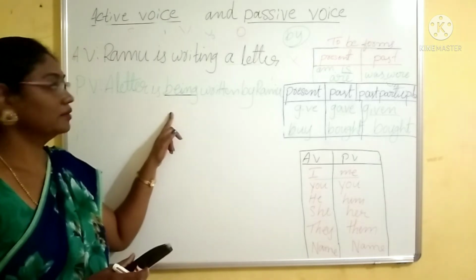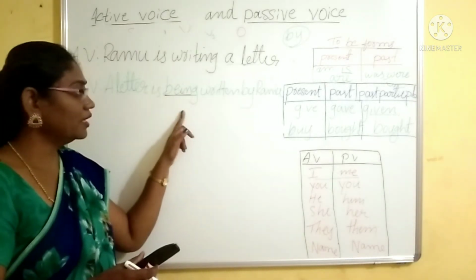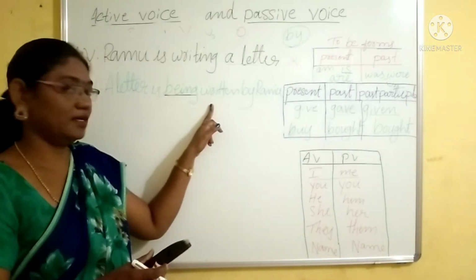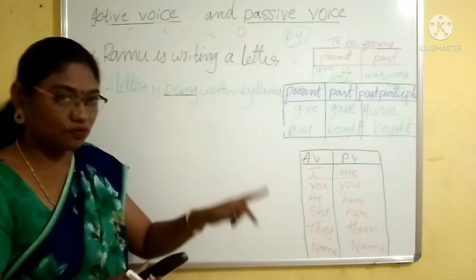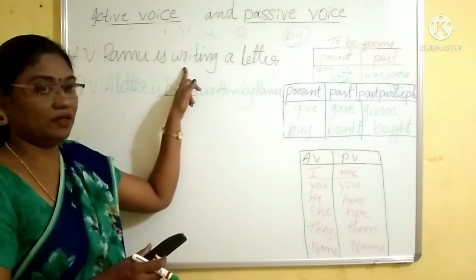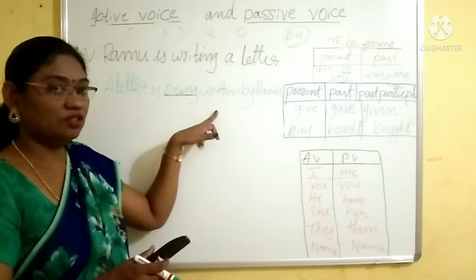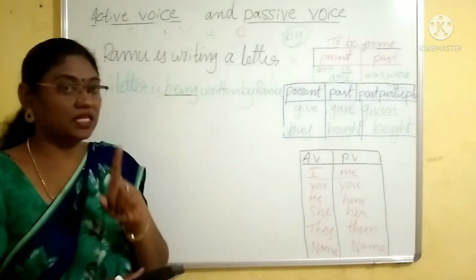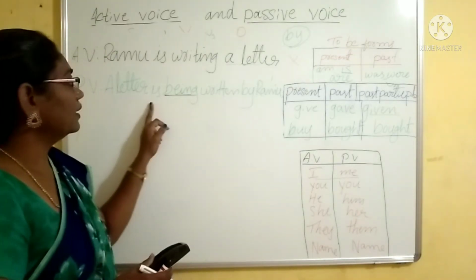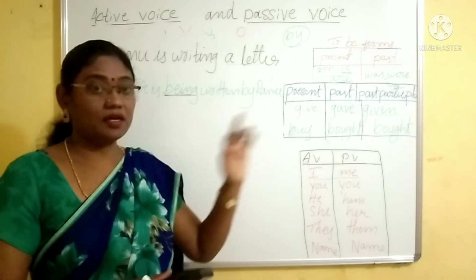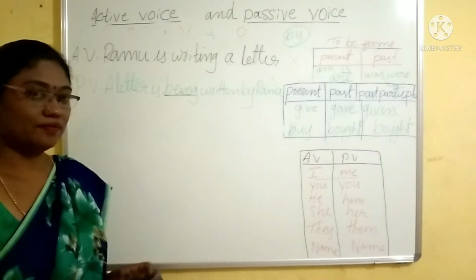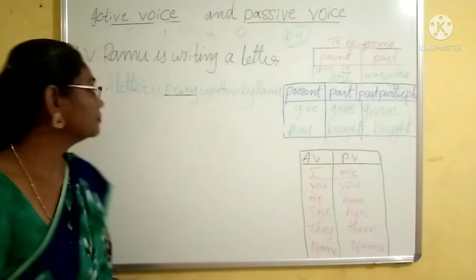A letter is being written. Why have we changed this? As per the rules in passive voice, whether it is present or past, when we change into passive voice, it will become V3, I mean past participle. This is very important. A letter is being written by Ramu. This is present continuous tense. Let's take one more example.